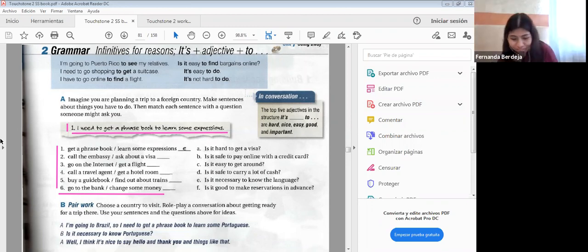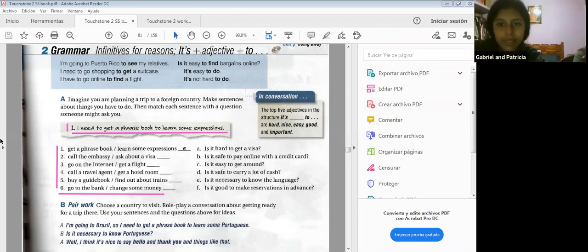I need to call a travel agent to get a hotel room. Letter F. Is it good to make reservations in advance? Number five, Gabby.